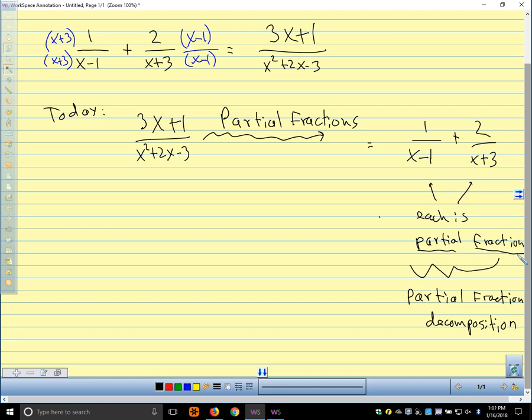So that's our terminology. And we call the process partial fractions or partial fraction decomposition. So partial fractions undoes finding a common denominator.